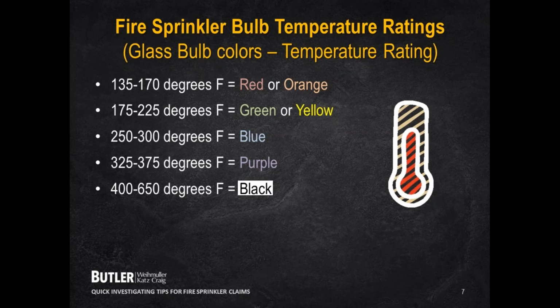So for example, where it says 135 to 170 degrees, then you'll see a red or an orange bulb inside the fire sprinkler head. Once the temperature in the surrounding area reaches that temperature, then it will break. And then that's what starts the flow of the water to that particular fire sprinkler head. And then the different degrees change the colors.